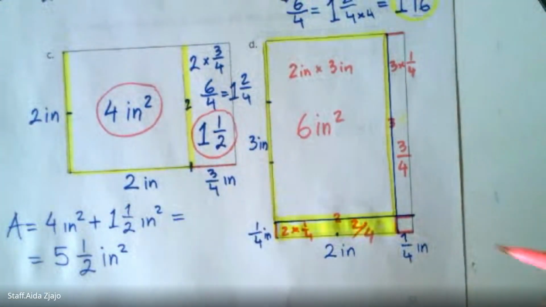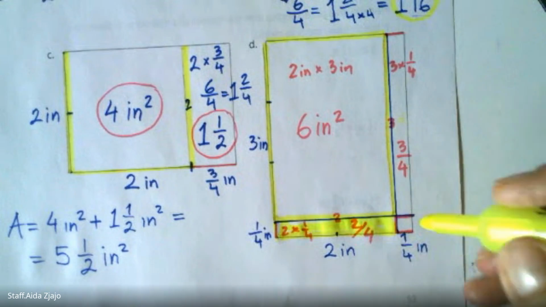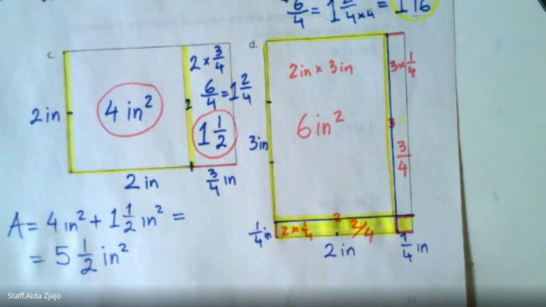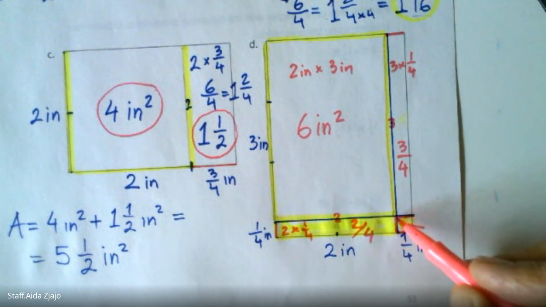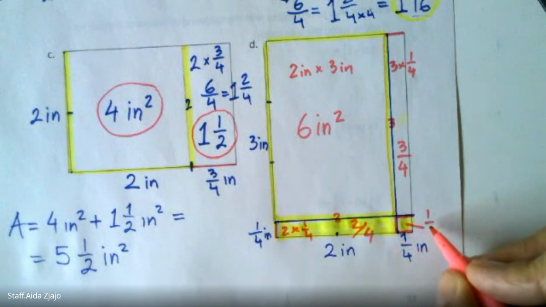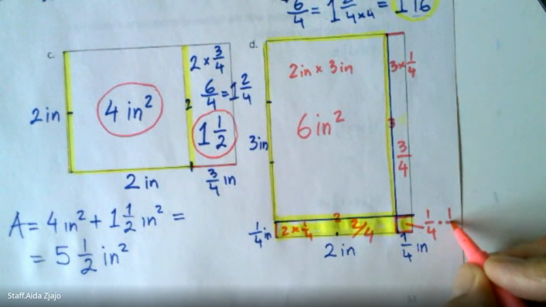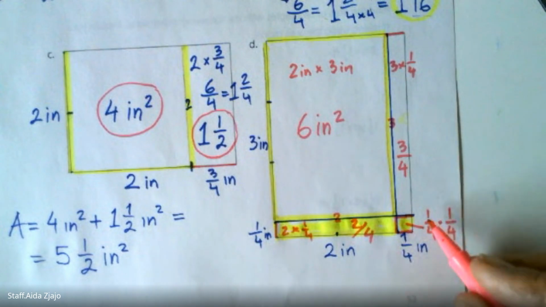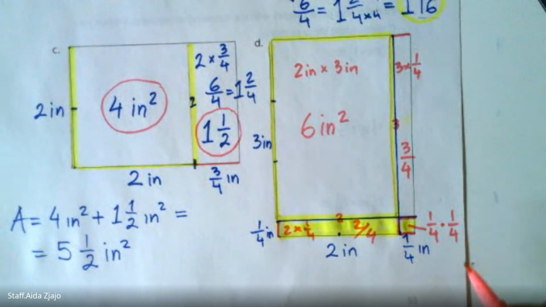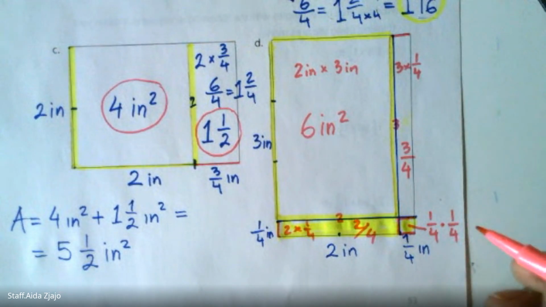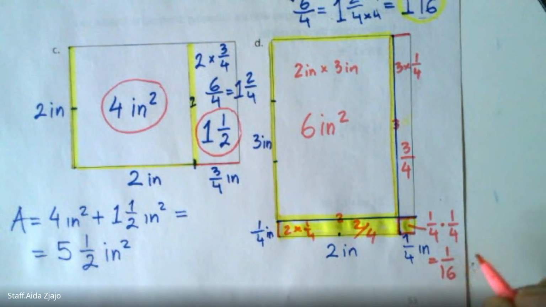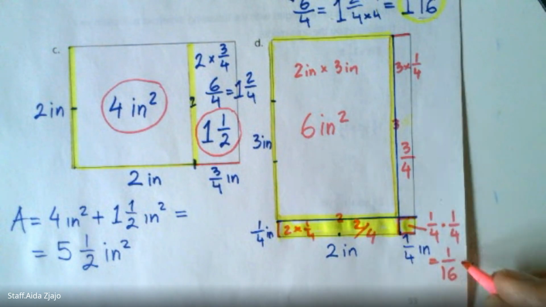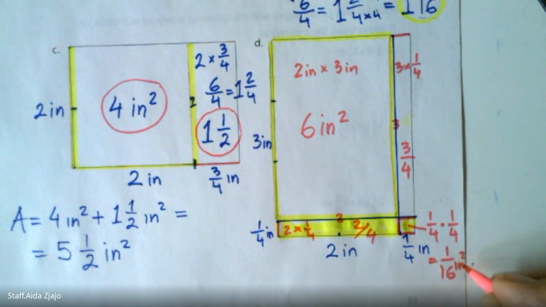And then you have this little area here, which is going to be 1/4 times 1/4. 1 times 1 is 1. 4 times 4 is 16. So this area is 1/16 square inches.